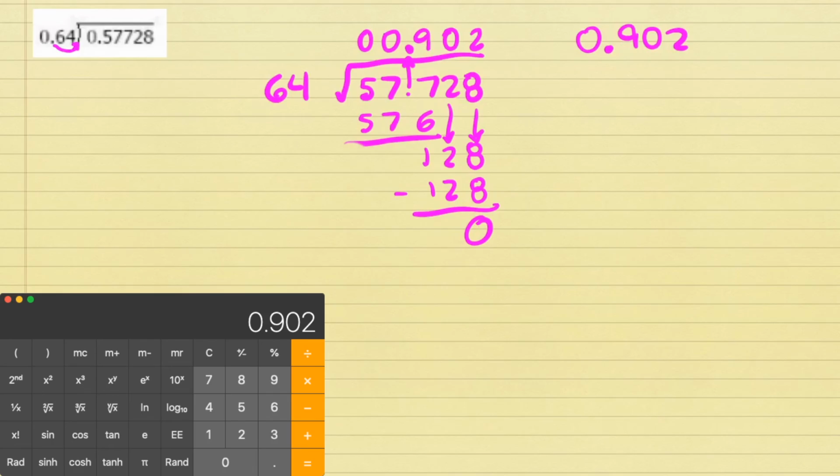Now you're thinking, Ward, that wasn't the number that you did. I moved it. Okay, let's do that. So my number inside the house was 57.728, and I divided by the number on the outside, which was a nice 64. Same answer. So it's this weird way of just moving decimal places that makes this process so much easier to look at.